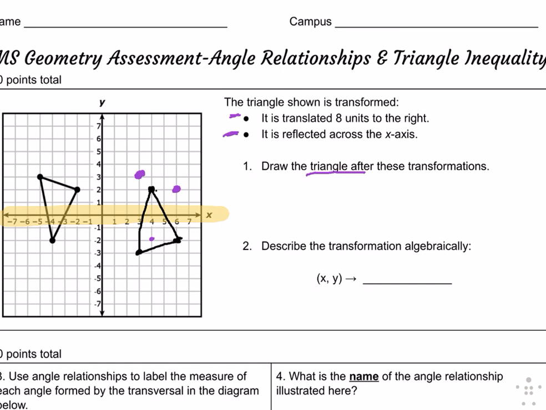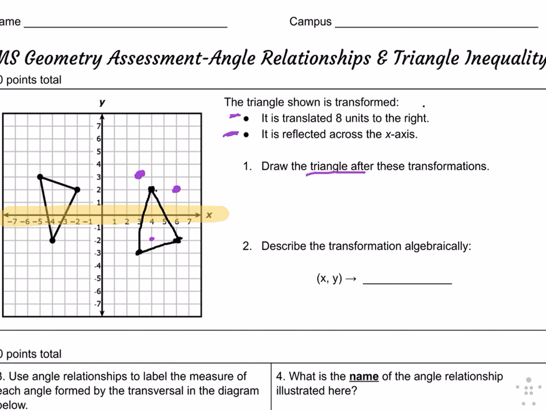Alright, so that was number 1. You just needed to draw the triangle after the 2 transformations. Question number 2 is asking you to describe the transformation algebraically. There are multiple ways you can do this.